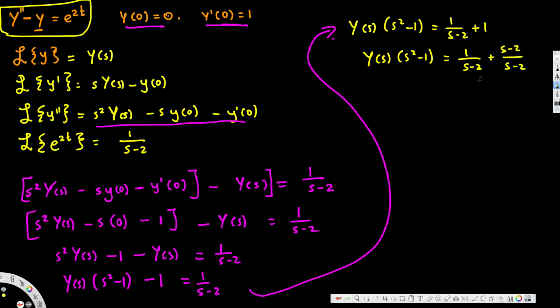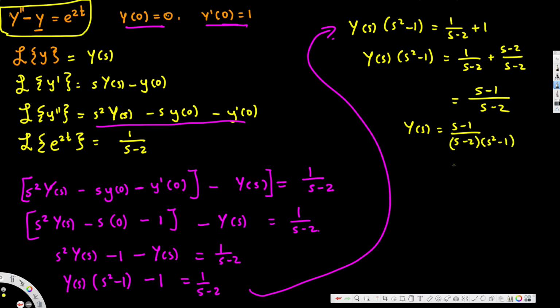Now we can add them together. If we add the numerators, that's going to be just s minus 1 over s minus 2, and we can bring this s square minus 1 to the denominator, so y of s is equal to s minus 1 over s minus 2 times s square minus 1.